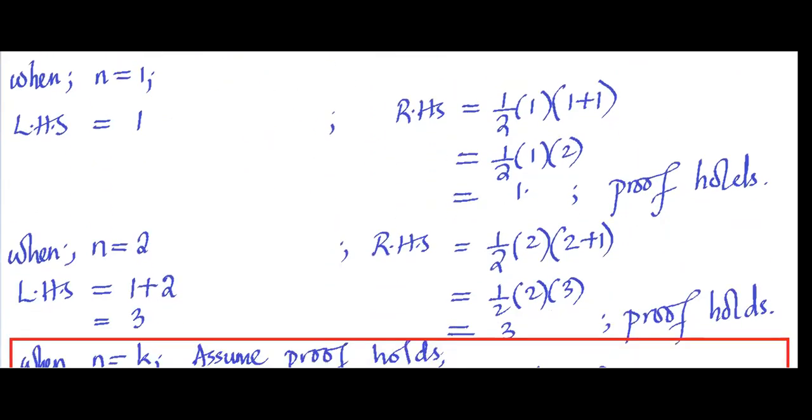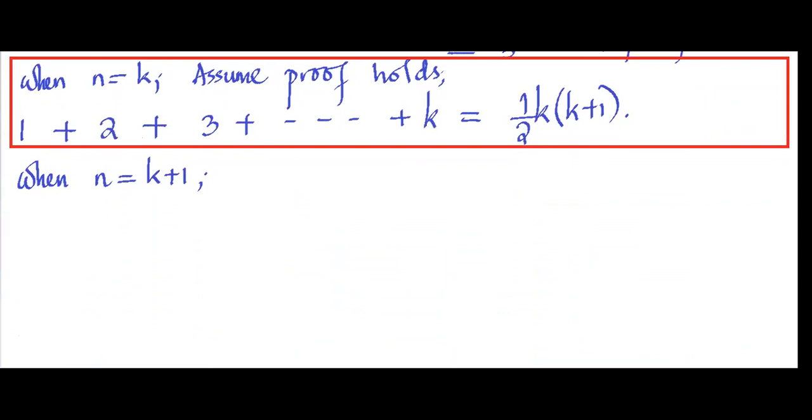Okay. So when n is equal to k plus 1, I want to emphasize this, it is a step away from k. It is 1 step away from k.